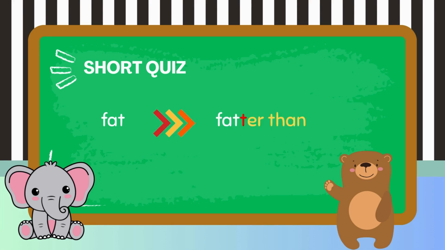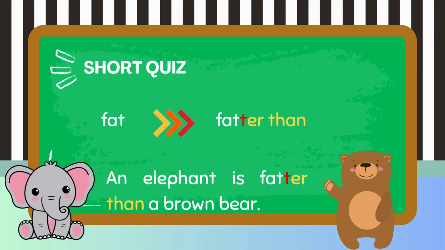Yup, fat because it ends in the CVC sound. So therefore, we have to double the final consonant. We have to double the letter T. So fat becomes fatter than. So which one is fatter? An elephant is fatter than the brown bear.